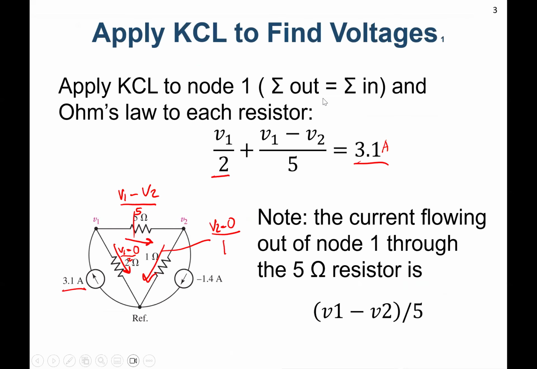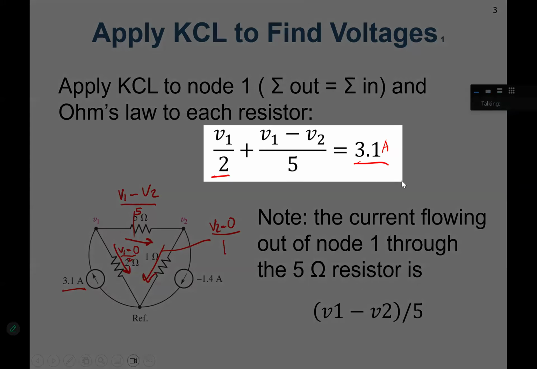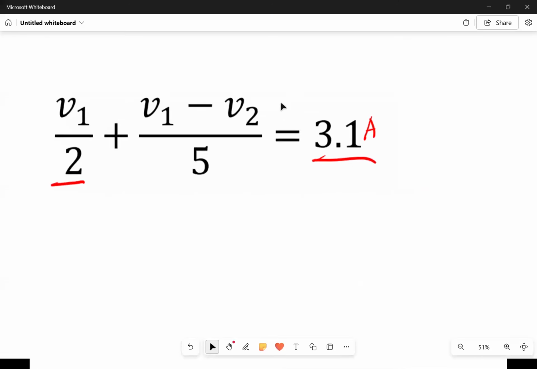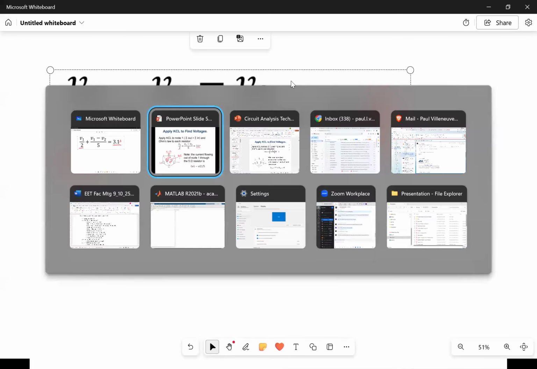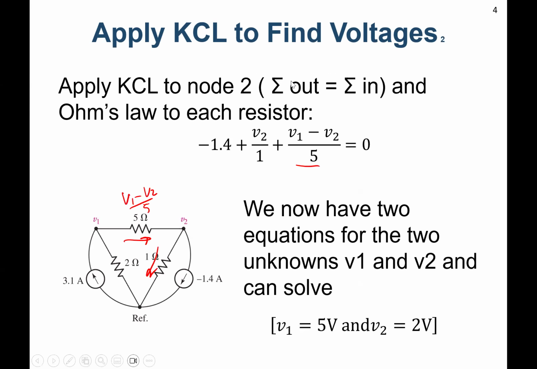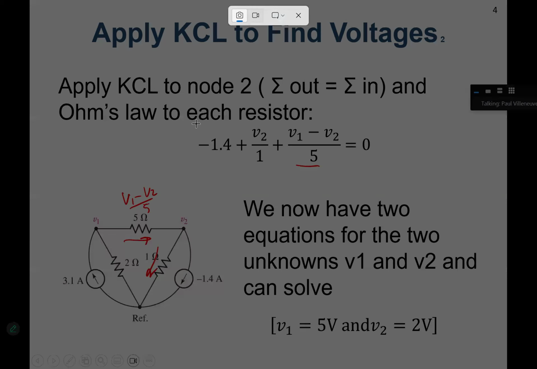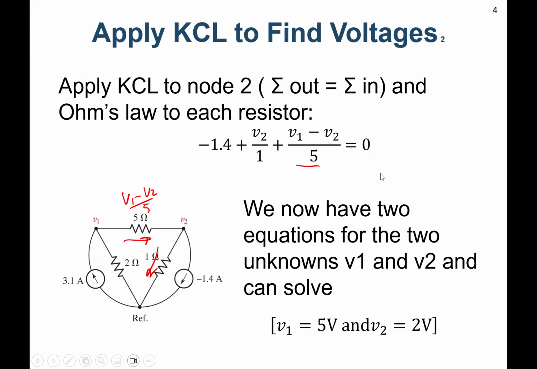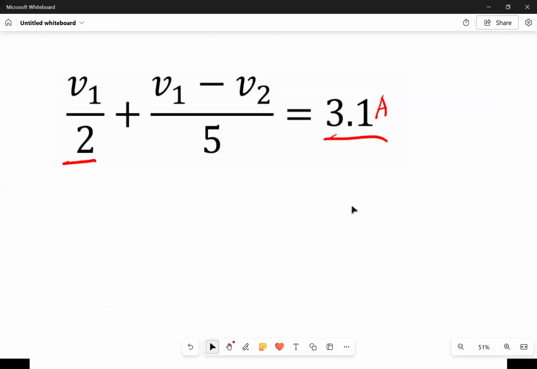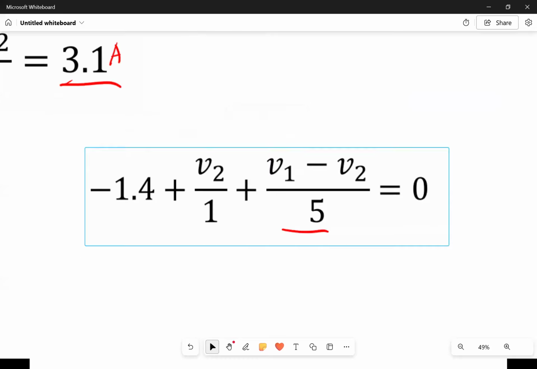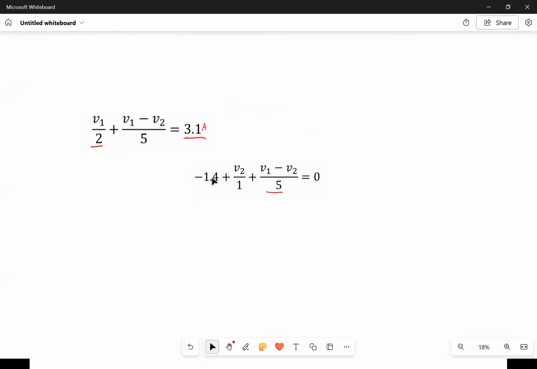So I can do a screenshot. And I'll put that over in whiteboard and I'll paste it in here. That's my first equation. And then my second equation, I'll do another screenshot. Okay. These are my two equations.